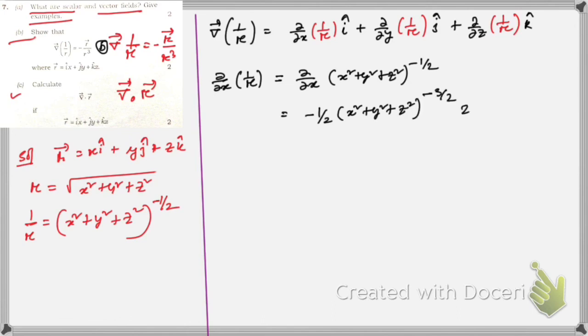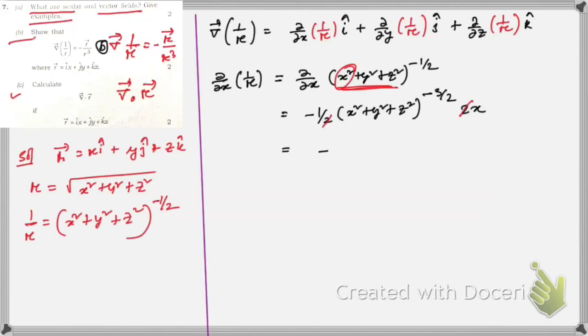And this is a function of a function, so again you need to differentiate the terms inside the bracket. Derivative of x square will be twice x, and the derivative of the remaining will be zero. As this is a partial derivative, we have to keep the other variables constant. So here the 2 cancels, and we have got this result.